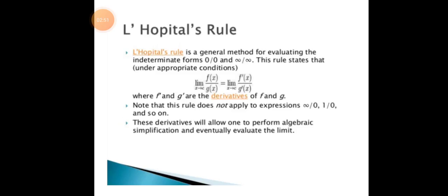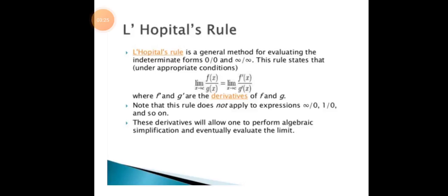Next is L'Hopital's rule. L'Hopital's rule is a general method for evaluating the indeterminate forms 0 over 0 and infinity over infinity. This rule states that under appropriate conditions, the limit of f over g equals the limit of f prime over g prime, where f prime and g prime are the derivatives of f and g.